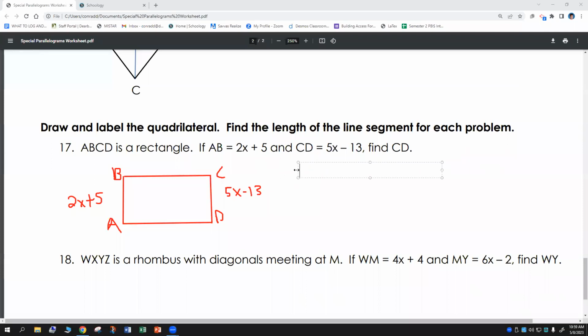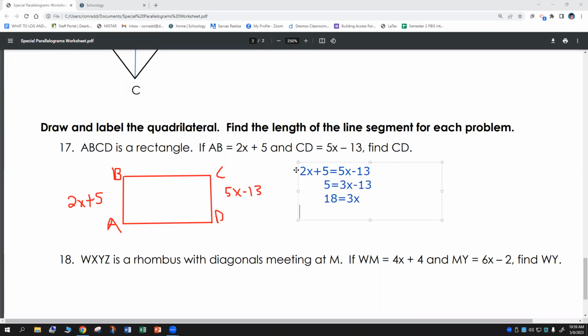So text tool, 2x plus 5 equals 5x minus 13. I'm going to subtract 2x from both sides. So I'm going to get 5 equals 3x minus 13. I'm going to add 13 to both sides. So I'm going to get 18 equals 3x.